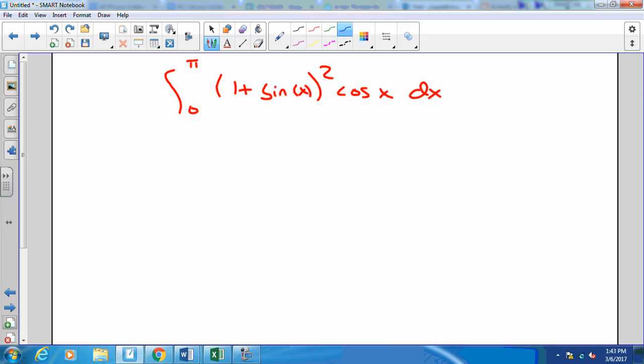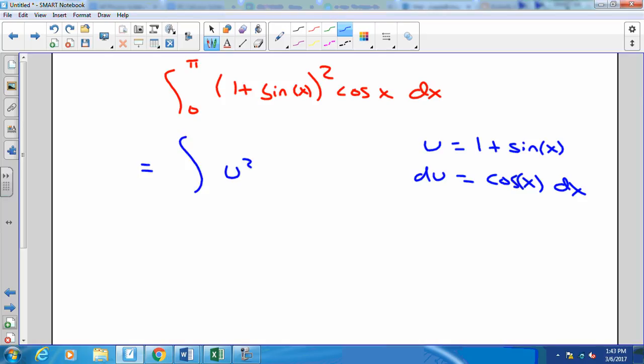Good. Let u equal 1 plus sine x. Keep going. So the whole thing is just gone.